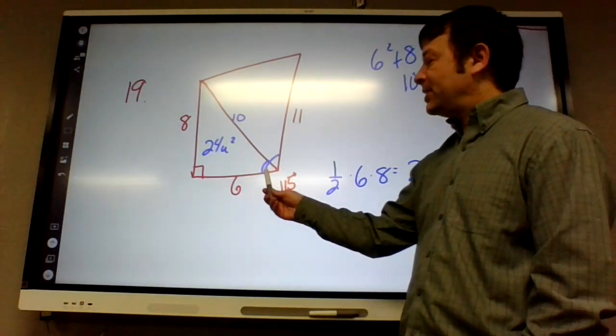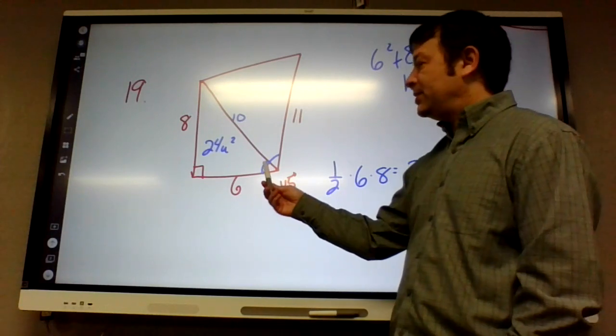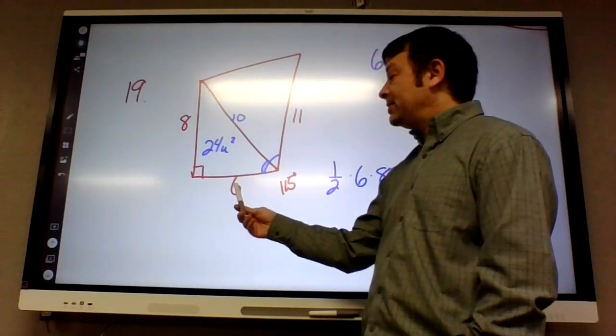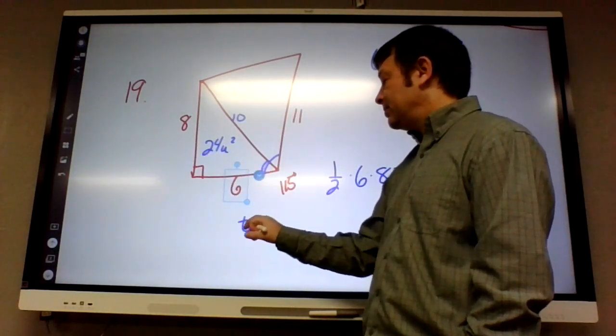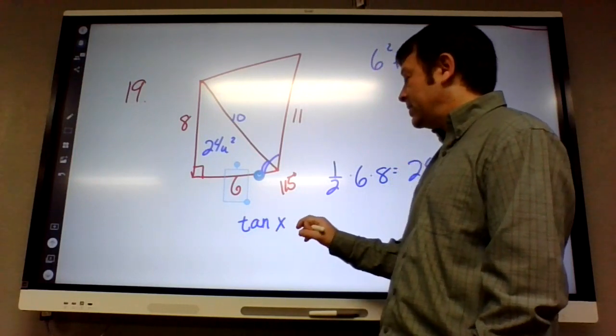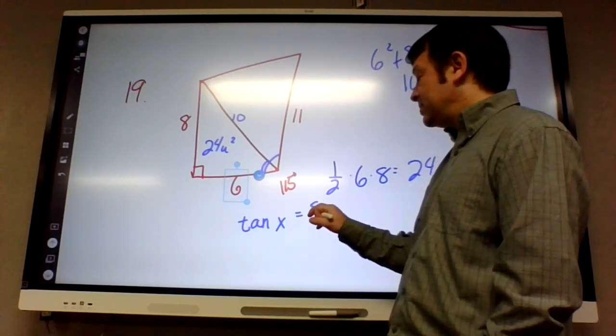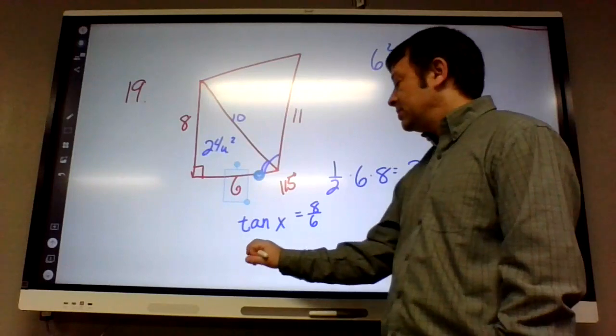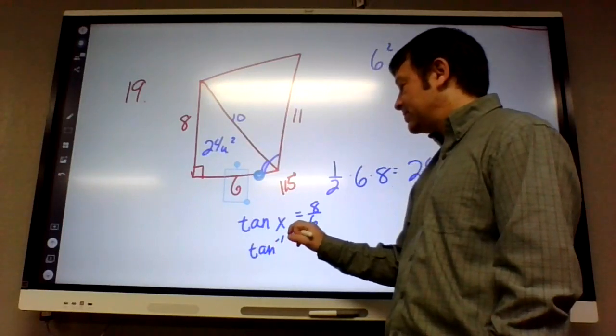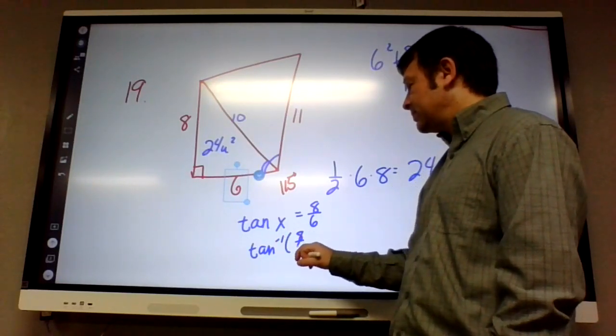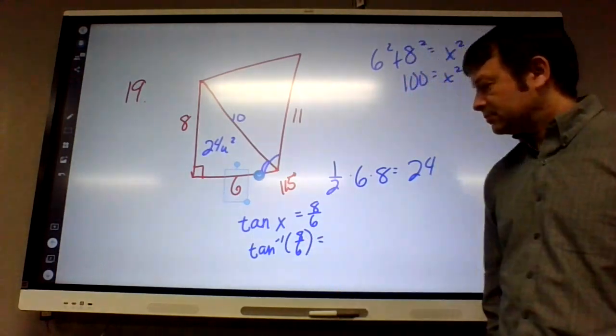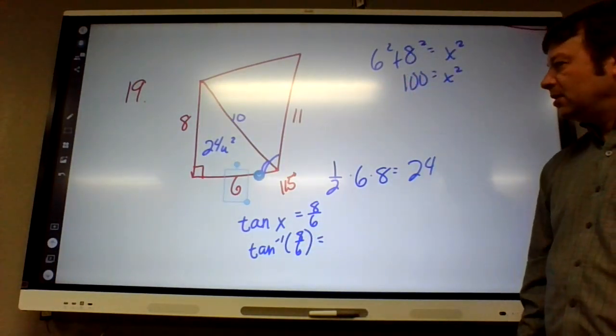Well, this is what we did yesterday, remember? Right, tan inverse, because we have the opposite and the adjacent. If I call the little angle x, tangent of x should equal opposite over adjacent. So we need tan inverse of 8/6 or 4/3. 53.13.